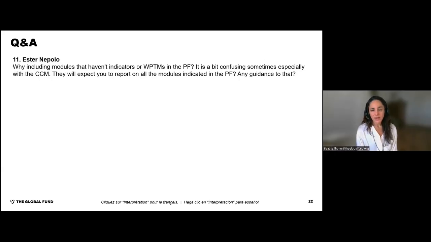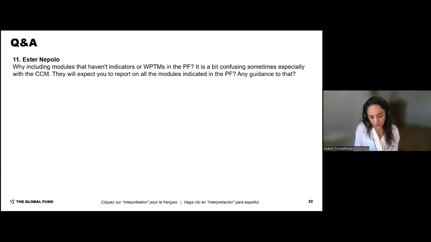Ideally, the modules to be included in the PF are going to be the ones for which funding is being requested. This is the basis of the selection of both modules and indicators to be included in the performance frameworks. Additionally, and I think this is where the discussion with the CCMs gets heated, there are other requirements as well, for example, the requirements to report on the KPIs.